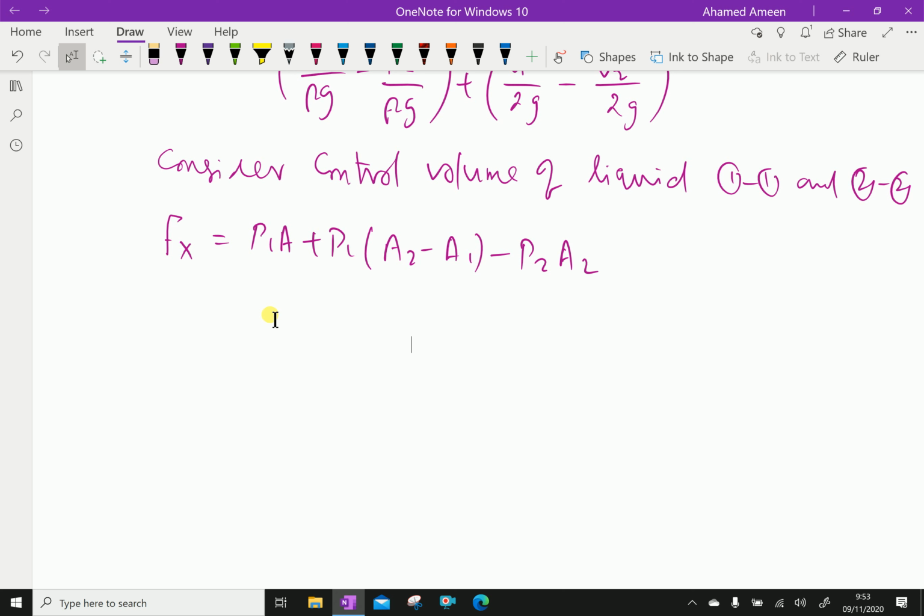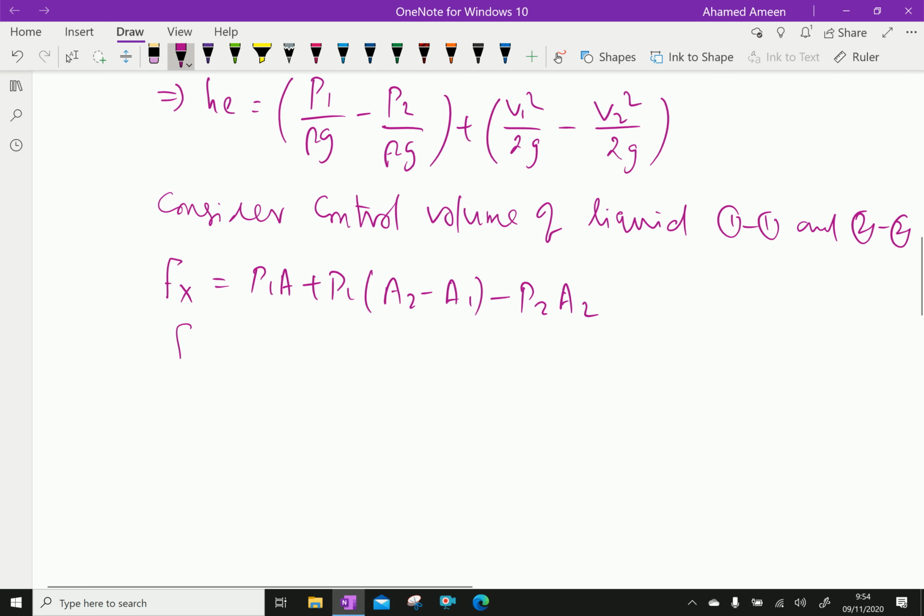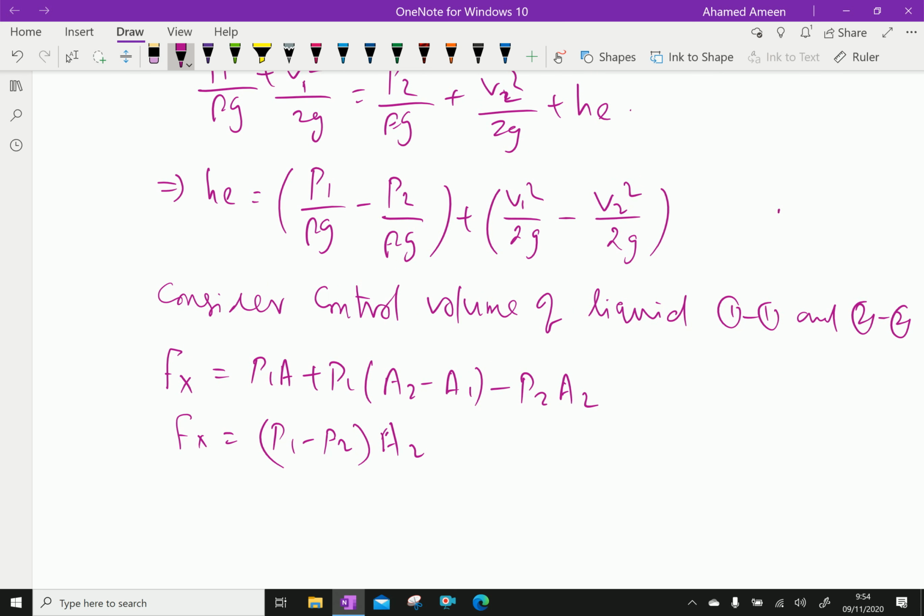After opening the brackets, P1A2 and P1A1 cancel, so we have Fx equals (P1 minus P2) A2. Let the first be equation 1 and this be equation 2.